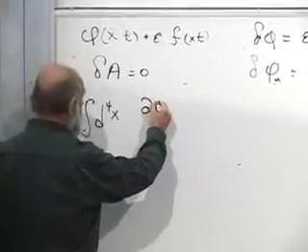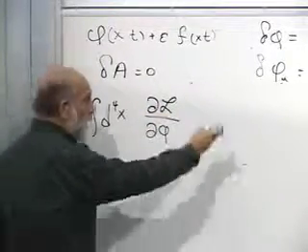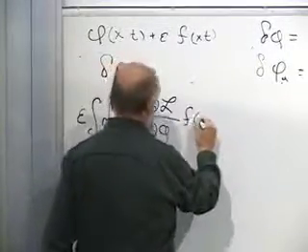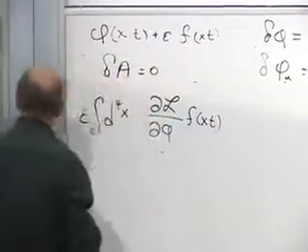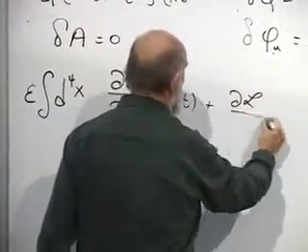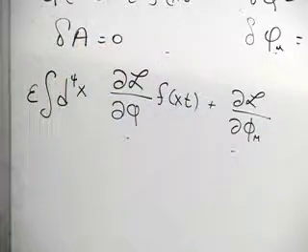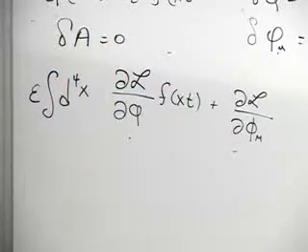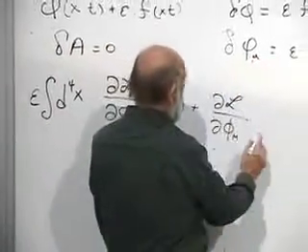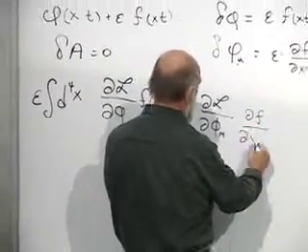That's the derivative of the Lagrangian density with respect to phi times delta phi, that's epsilon on the outside, f of x and t, plus the derivative of the Lagrangian with respect to phi mu, phi t, phi x, phi y, phi z, times the change in phi mu, which is the derivative of f by dx mu.